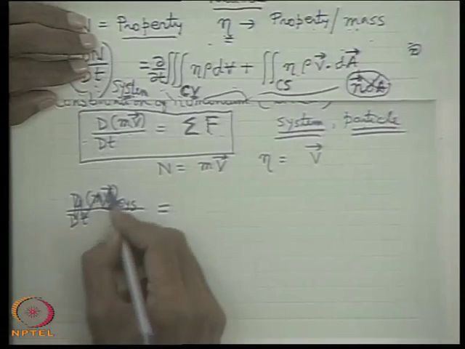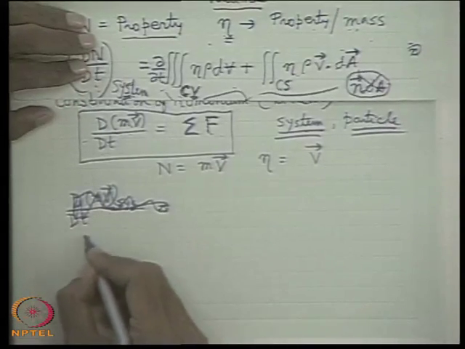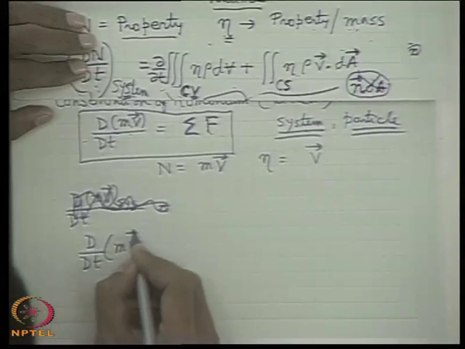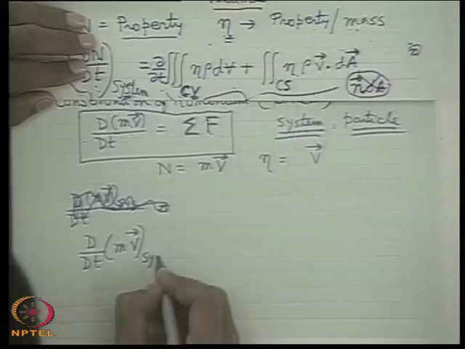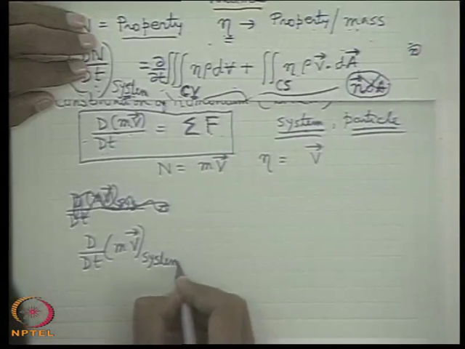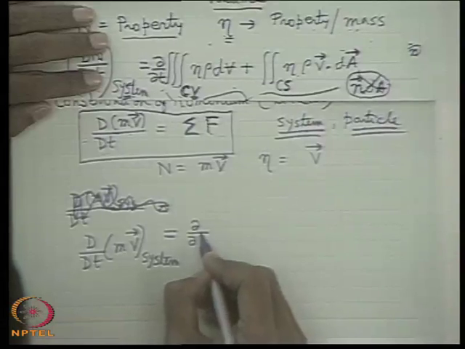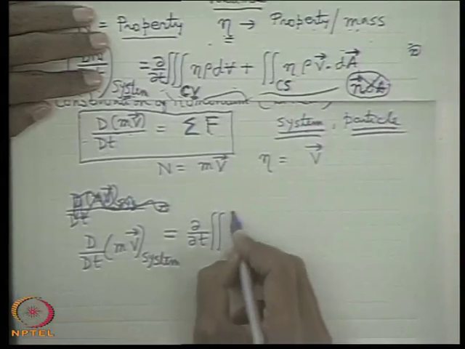d/dt of mv, for a system, is equal to what? Now it is a routine mathematical procedure.